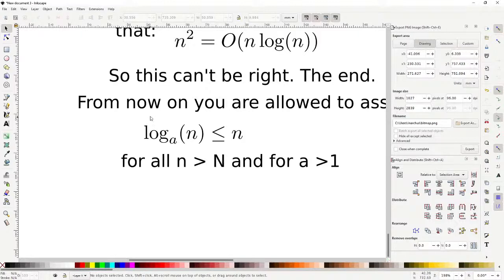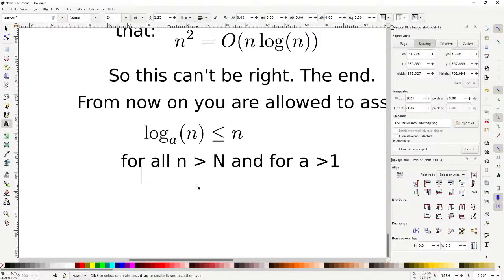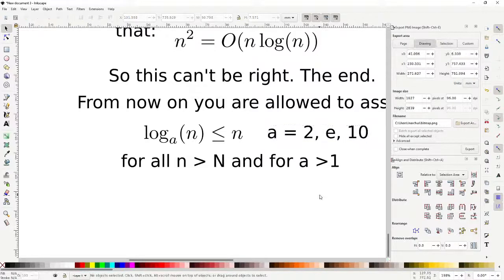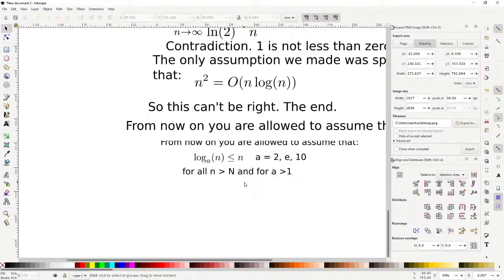So, yep, generally log base a. For all intents and purposes a is equal to either 2, e, or 10, right? Those are the ones that we really care about. And so this is true, and you can basically use this in the future if I ever ask you to do big O proofs or anything like that.